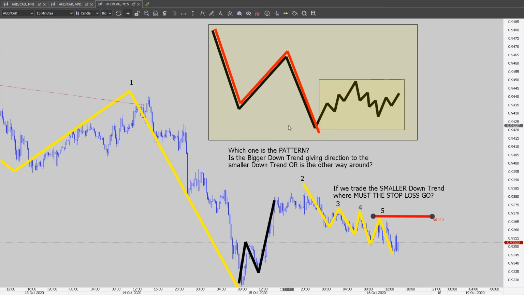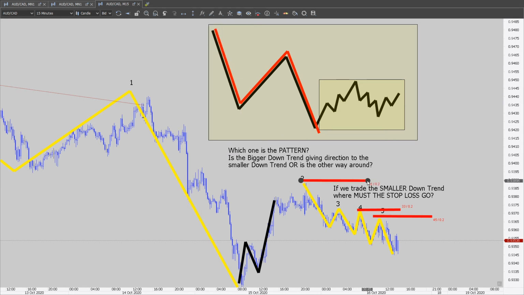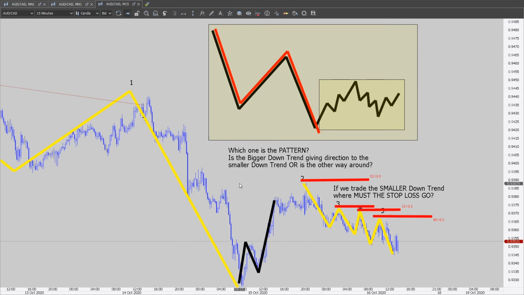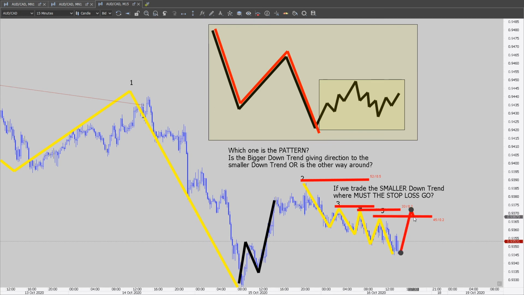So, if your answer is 2, 3, 4, 5, this is the question. If the market stops you out on any of these, did the pattern change? If the market stops you out on 2, 3, 4, 5, did the pattern change?